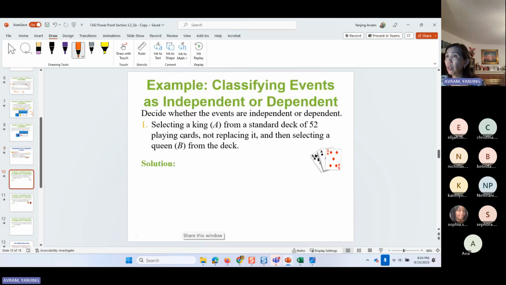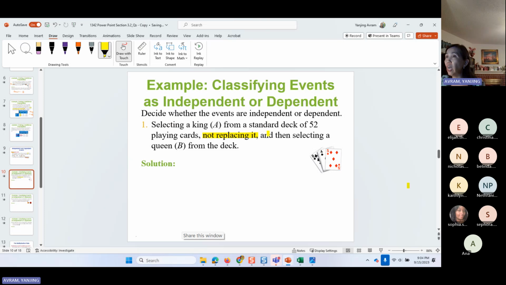All right, so look at this one right here. Determine whether the events are dependent or independent. The first one, A: you choose a card from a standard deck of 52 playing cards, not replacing it, and then select a queen, B, from the deck. Is this dependent or independent?